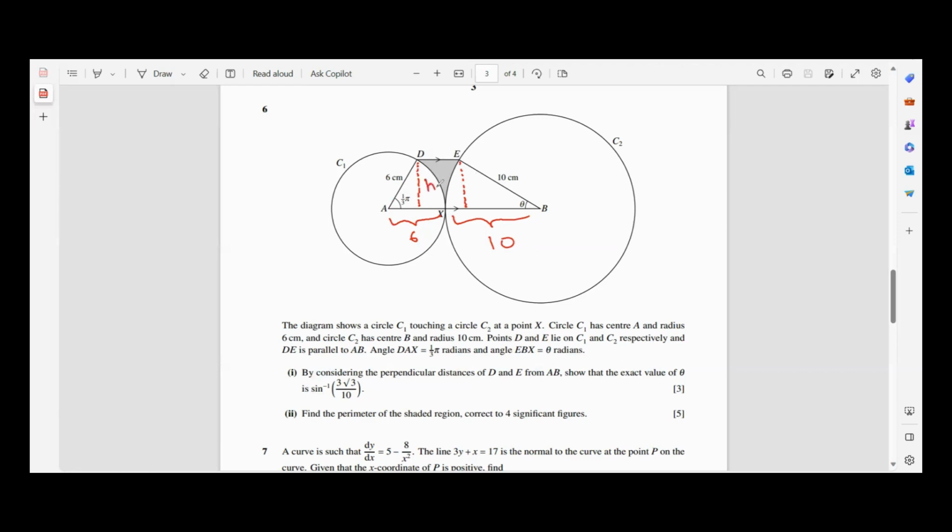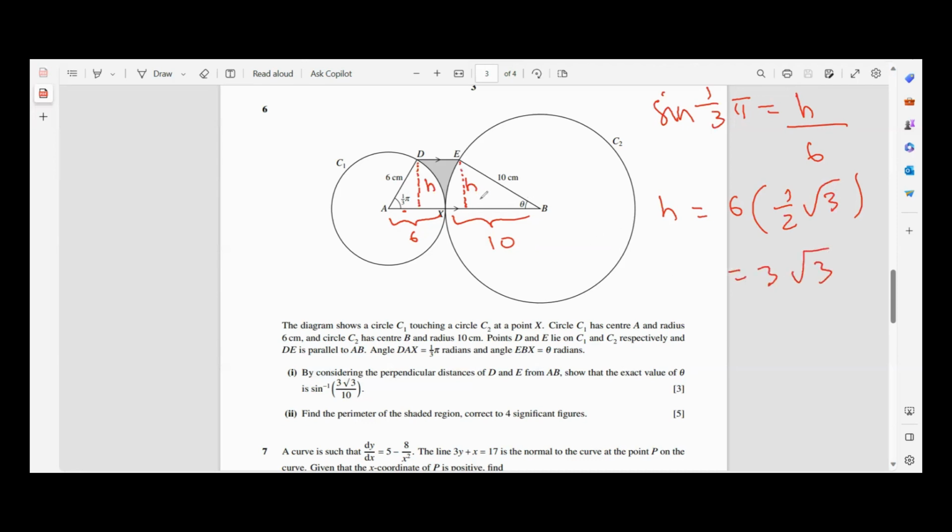Let's say this is the height, and this is also h. So I will use this 1 over 3 pi. Sine 1 over 3 pi equals opposite, h, over 6. So h equals 6 times sine 60 degrees. Sine 60 degrees is half square root 3, so h should be 3 square root 3.